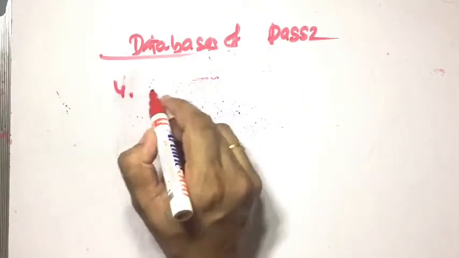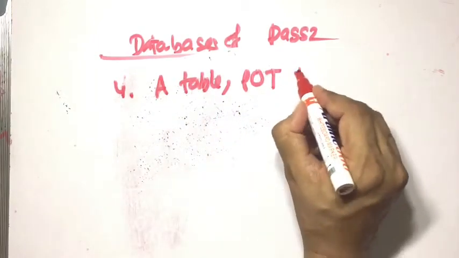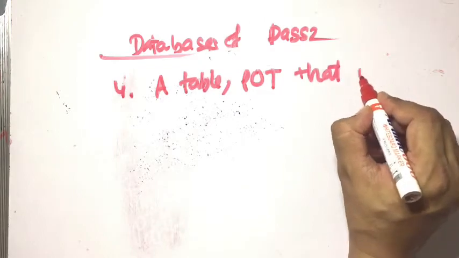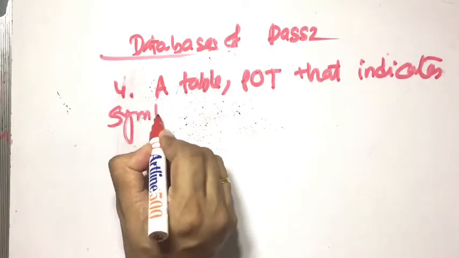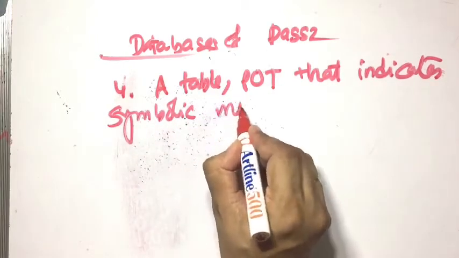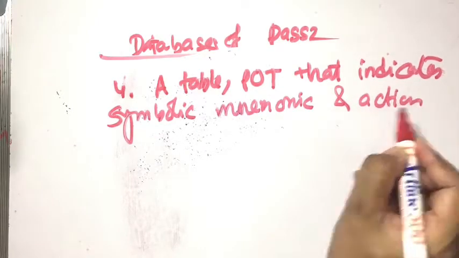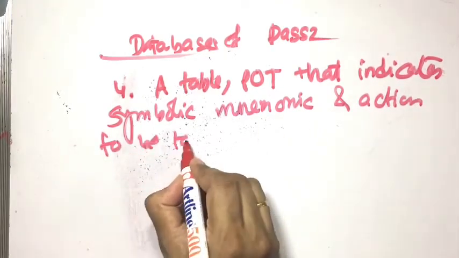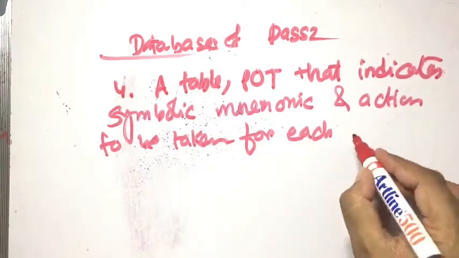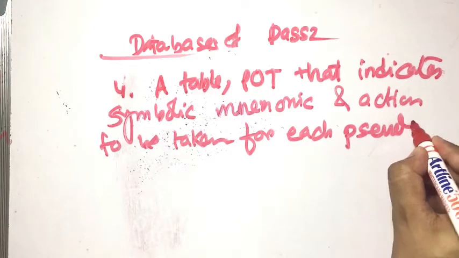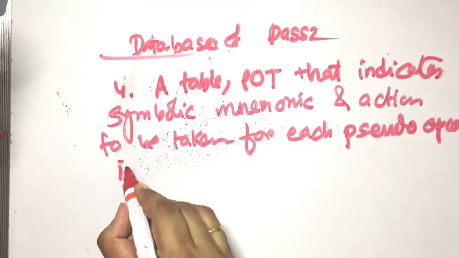And the fourth one, a table POT that indicates the symbolic mnemonic and the action to be taken for each pseudo opcode in pass2.